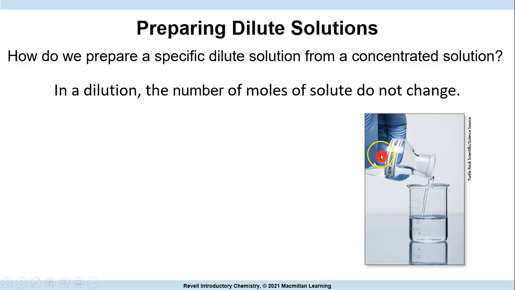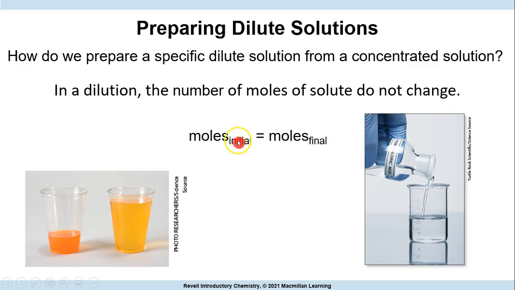Even if you use 1000 liters, the number of moles will still remain the same. So the number of moles does not change, but the concentration is going to change because the volume has changed. So the moles at the initial state are the same as the moles at the final state.